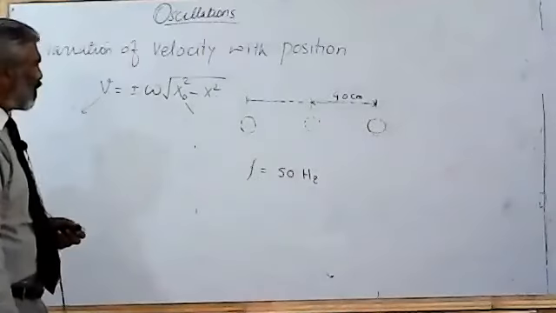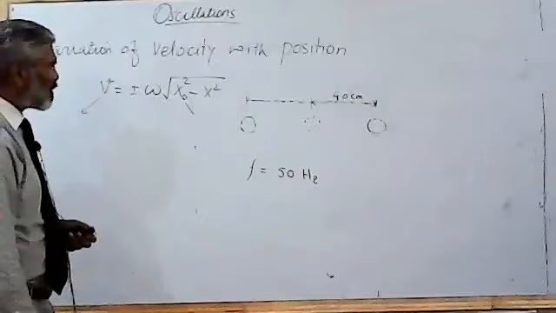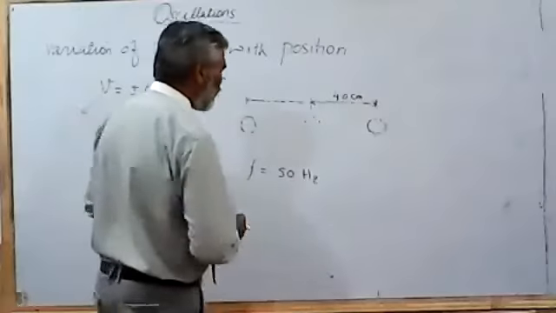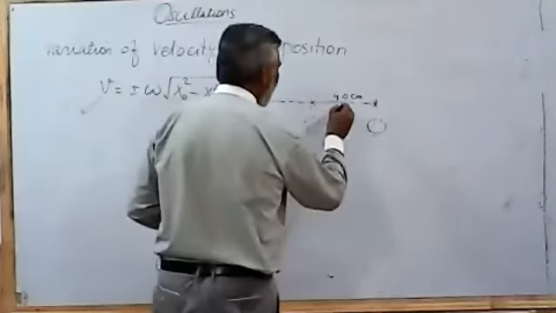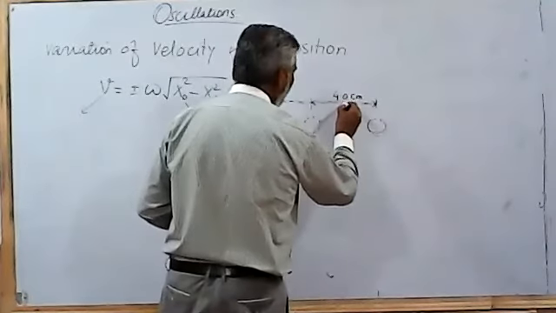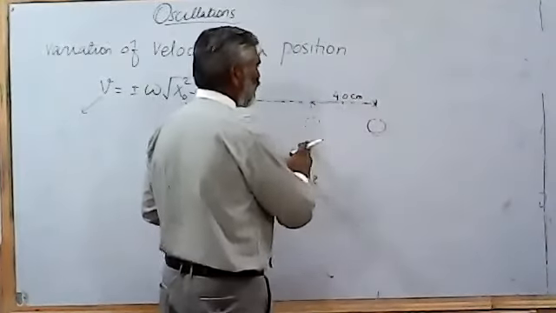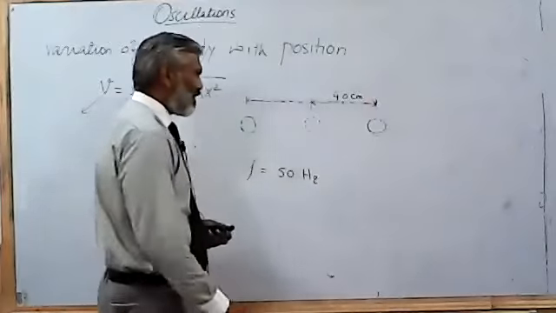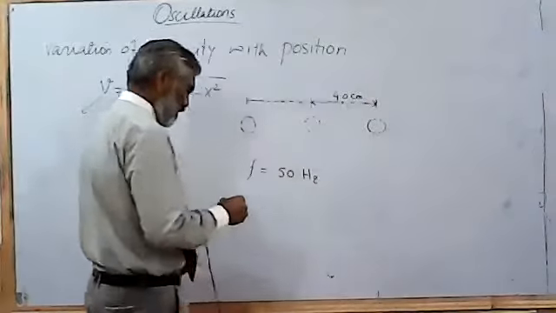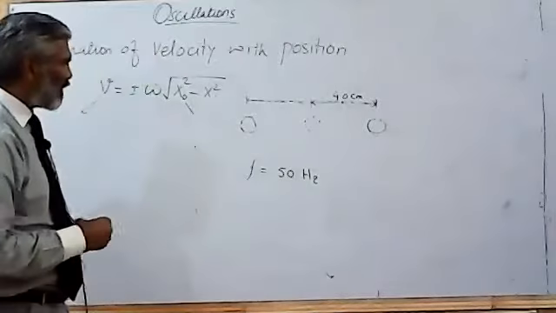We want to know what its velocity is when it is 2 centimeters from the mean position. Suppose it is here, exactly midway between the mean position and one of the extremes. So this is the position where it is 2 centimeters from its mean position.